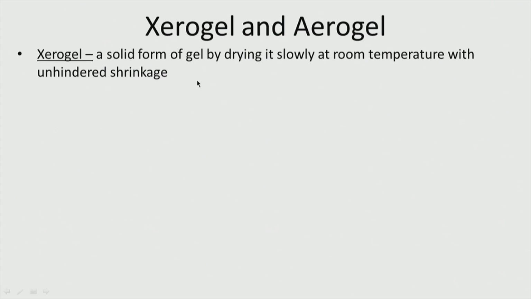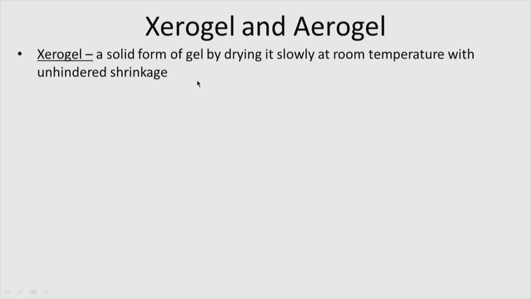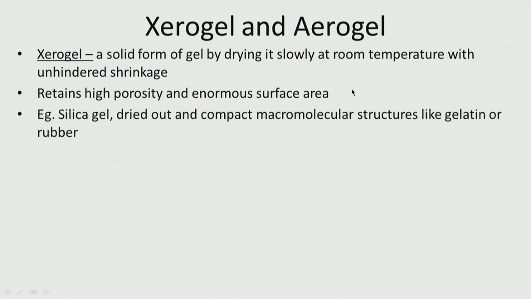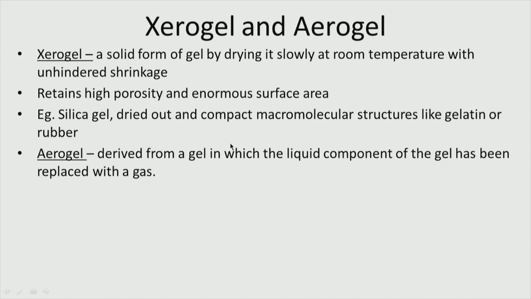So, we slowly try to dry the gel without any hindrance to shrinkage, then that is called xerogel. It retains high porosity and has very good surface area, like silica gel dried out, or compact macromolecular structures like gelatin or rubber, they all come under that.